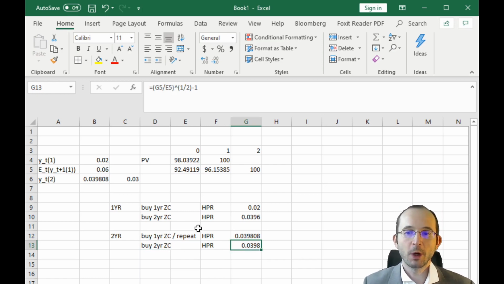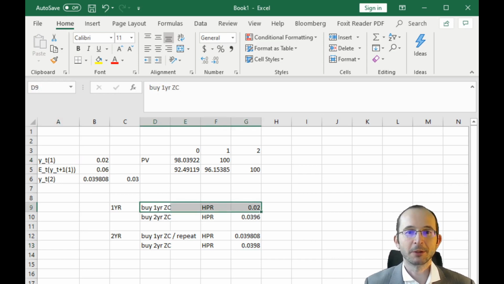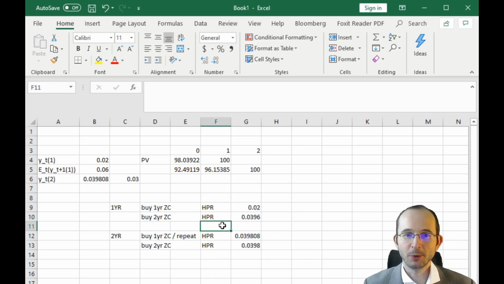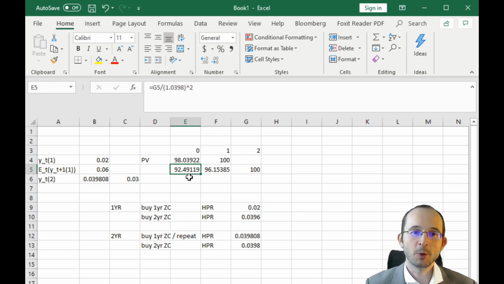Now what about the 1-year investor? Well, we know that the spot 1-year rate hasn't changed, so they can still only earn that 2%. But what would happen if they instead bought the 2-year zero coupon and held it for just 1 year? Well, we know that the price of the 2-year zero coupon right now in equilibrium would be 92.5.